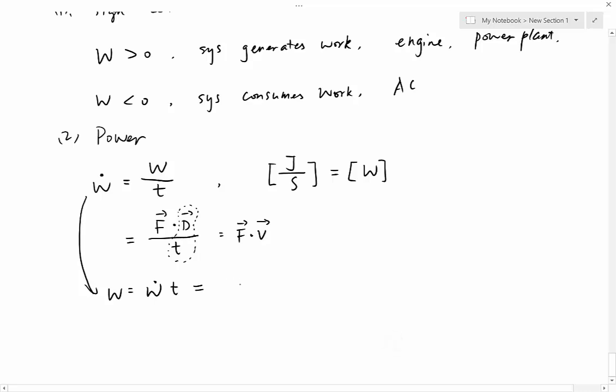What you need to do is just to rewrite this multiplication between W dot and t into integration. Change multiplication to integration. Integral W dot dt from t1 to t2. This is the more general solution. If W dot is not constant, you should use the second one.